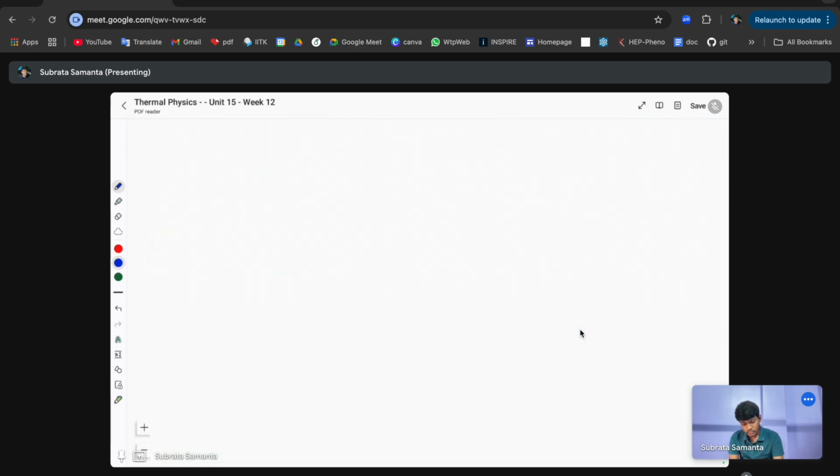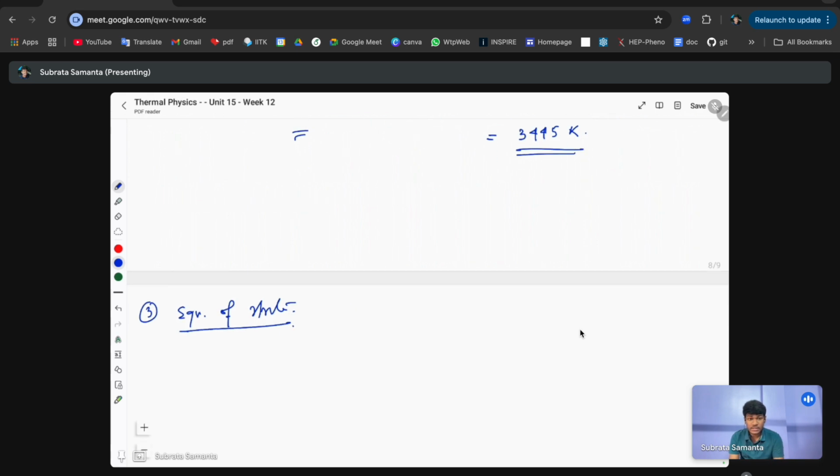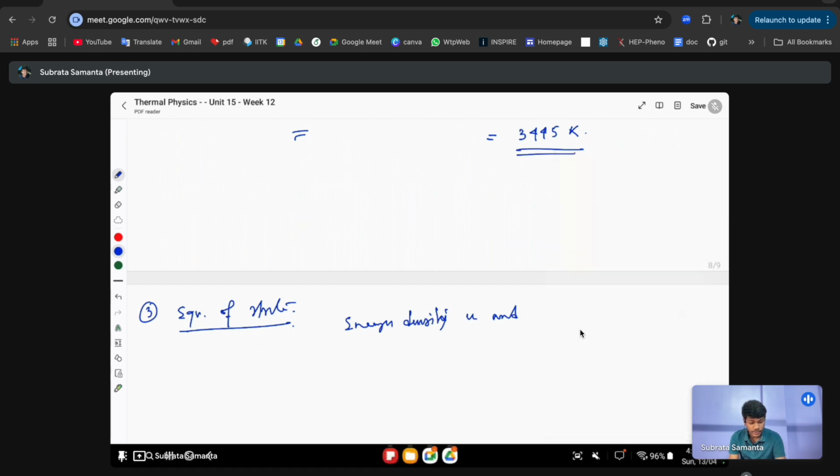So problem number 3. The equation of state relates the energy density U and the pressure p.